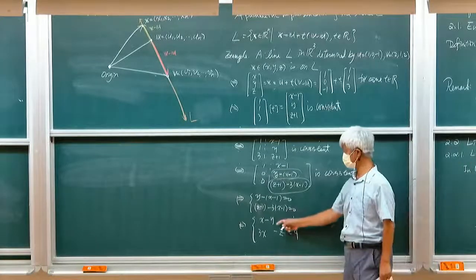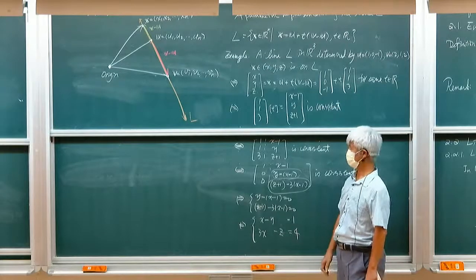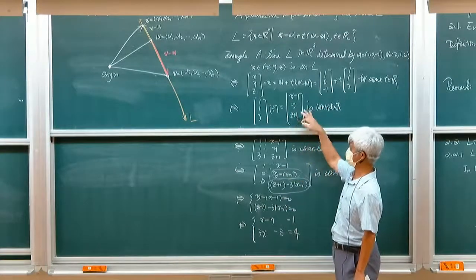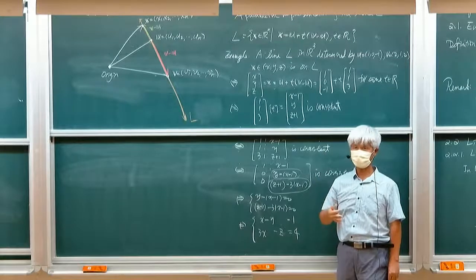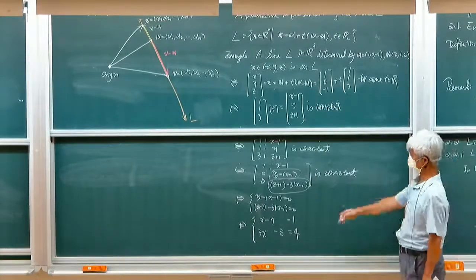You all know this in high school, I believe. The difference is that I just use the concept we studied in linear algebra to derive the system of linear equations only.